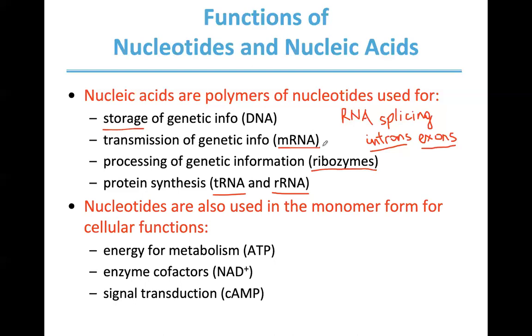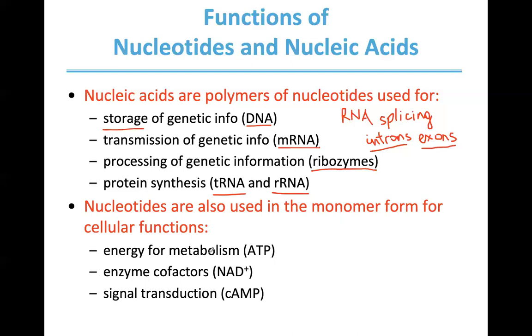And if the sequence of nucleotides matches, then the amino acid will be utilized in protein synthesis and will be incorporated just in the right place. All right. So these are main functions of DNA, and there are 3 types of RNA.